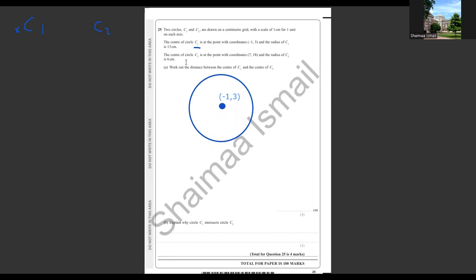And the center of C2 has a coordinate of 7 and 18. So we say this center is (7, 18). Okay, work out the distance between C1 and C2.